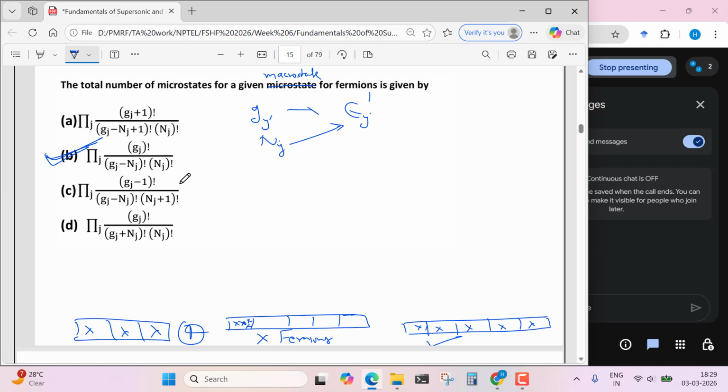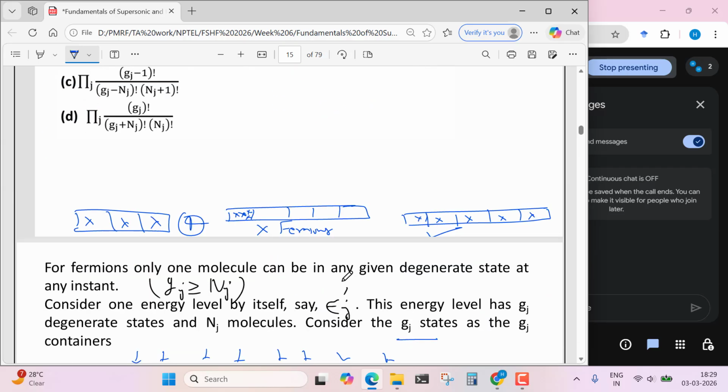And we already know what is Gj, Nj and epsilon j. So what is fermion? In fermion, all the molecules will occupy only one degeneracy state. It cannot repeat like boson. In one degeneracy state, there cannot be multiple molecules.